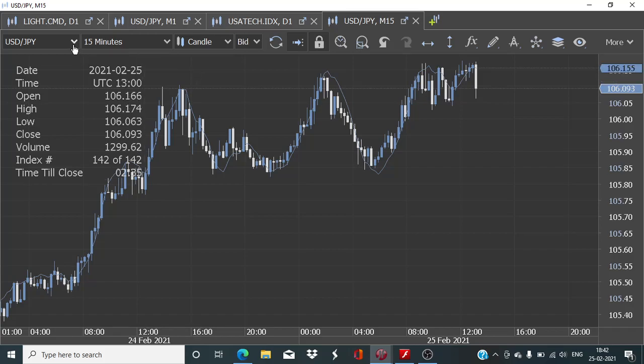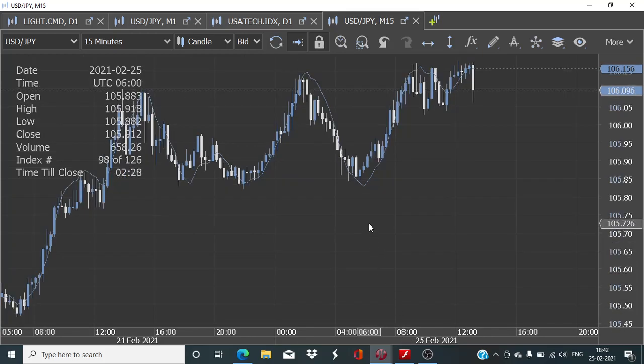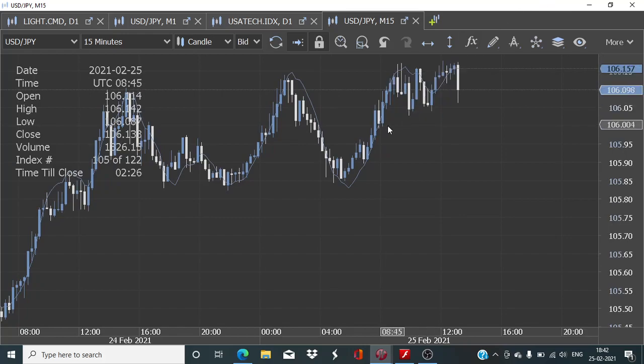For this session, we will be working with the USD JPY on the 15-minute time frame. The idea behind the trade setup is that we will need the time series forecast to be on the rise for the buy trade, and it should be declining for the sell trade.